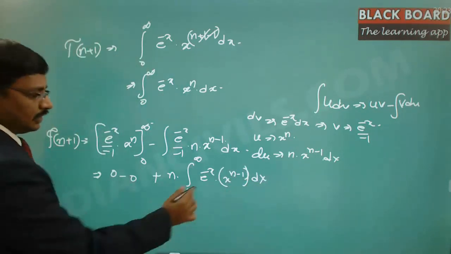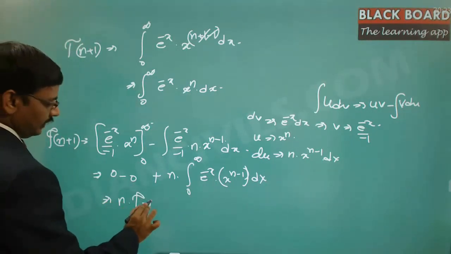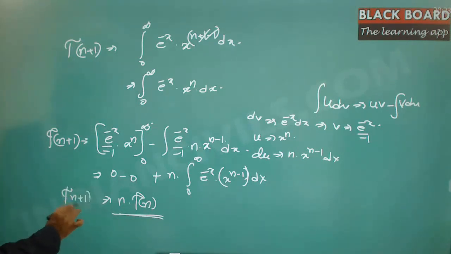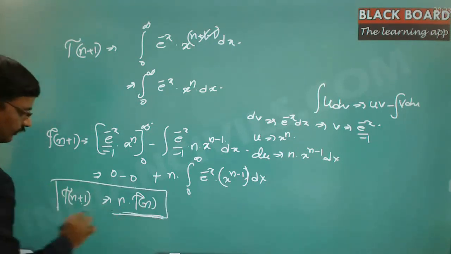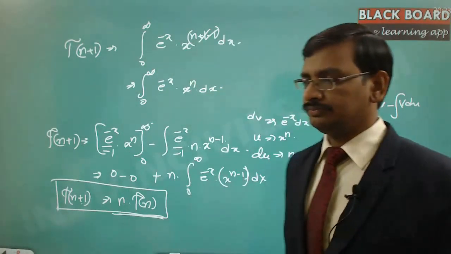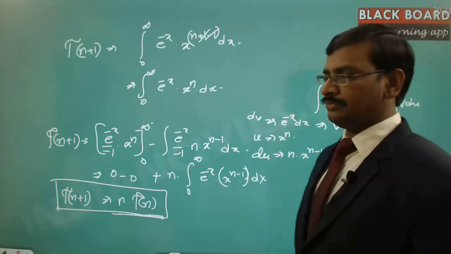See this: if you notice, this is going to be n into gamma of n. So gamma of n plus 1 is nothing but n into gamma of n. Got it? Is this understood or not? Is this understood?